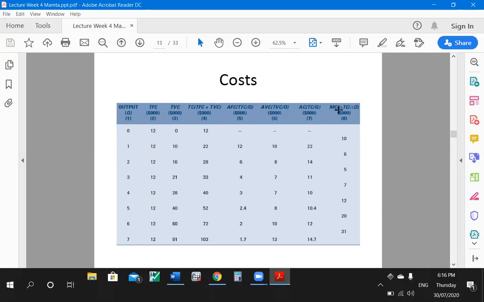An interesting thing, marginal cost, you can see here. Marginal cost reduces, and again it increases. Say 10, 6, 5, and then 5, 12, 20, 31, it keeps increasing. That's marginal cost.